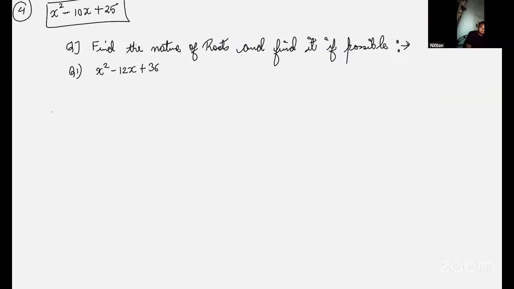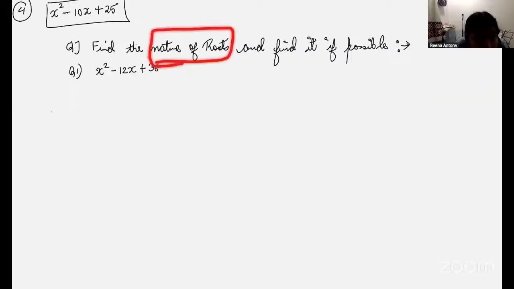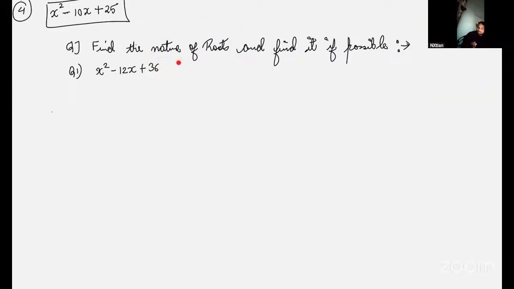We have to find the nature of the roots, like real roots or equal roots or no roots, and we have to find the roots also.